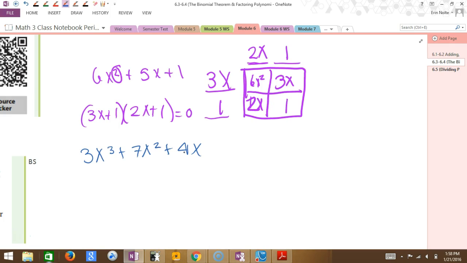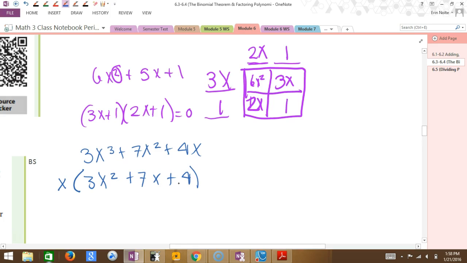The first step to factoring by grouping is to take the greatest common factor that we possibly can out. Each of these 3 terms has an x, so we can right away take an x out of there. We're left with 3x squared plus 7x plus 4.